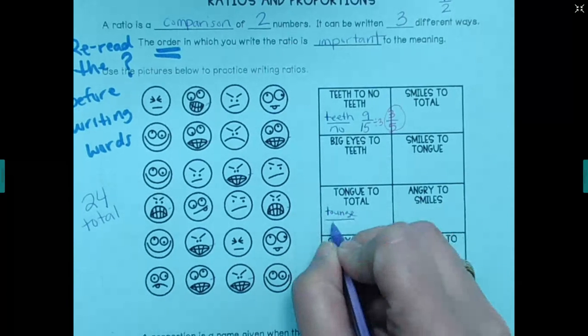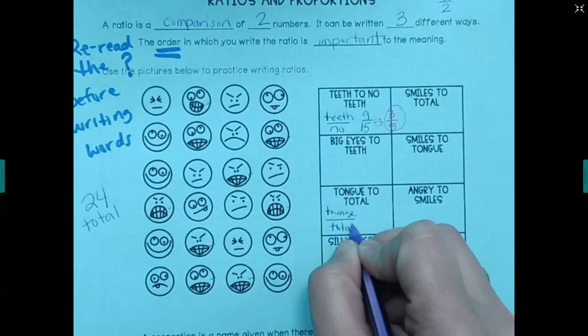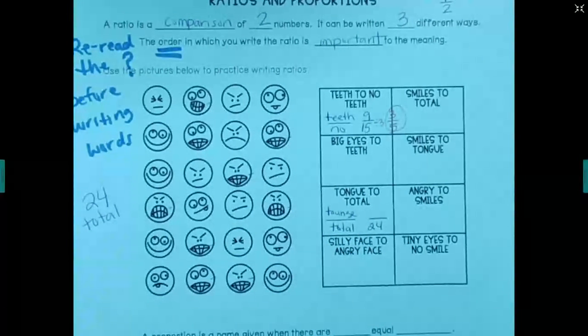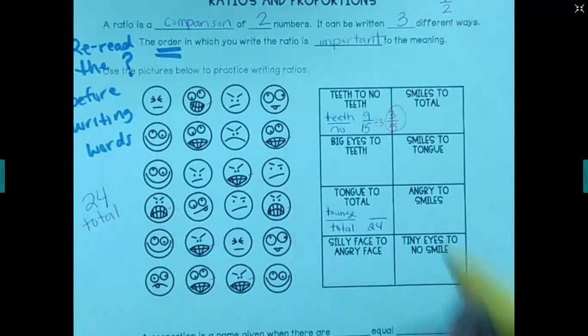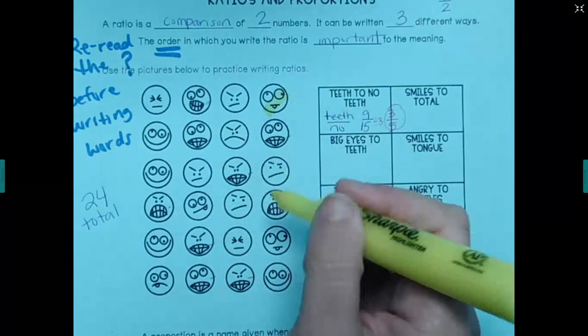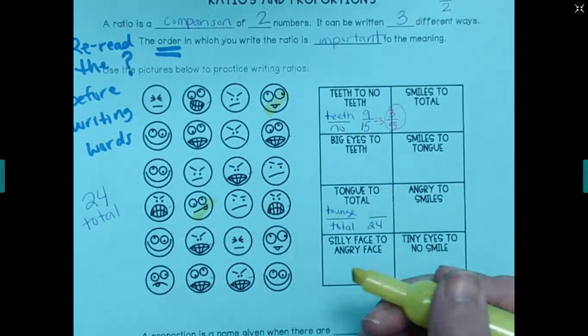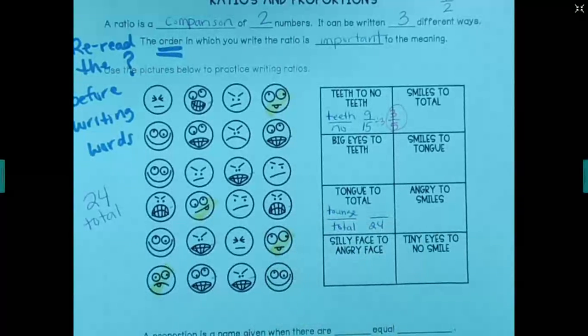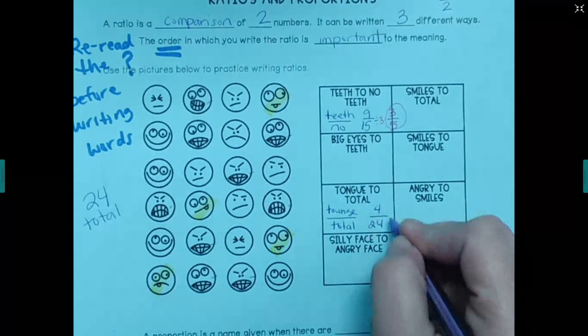Let's go down to this third one. Tongue over total. I already know the total is 24. How many have tongues? Let's see, 1, 2, 3, 4. Did y'all get 4? Okay, 4 over 24.